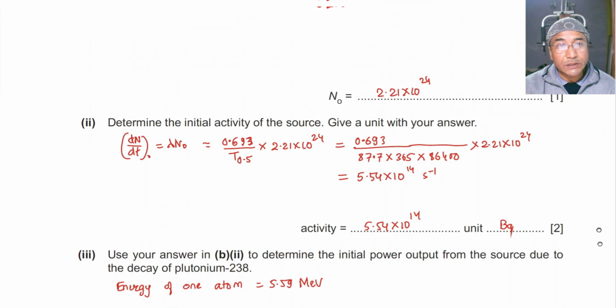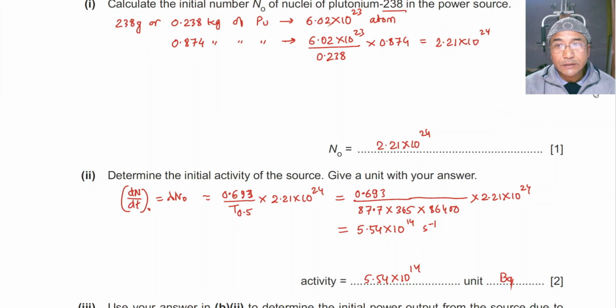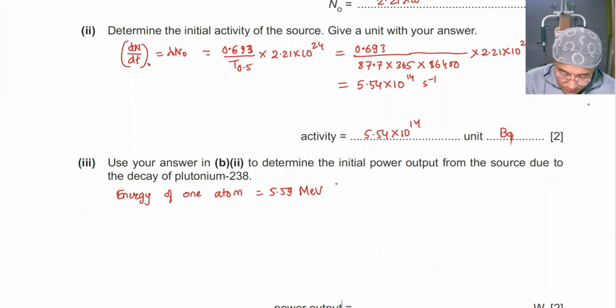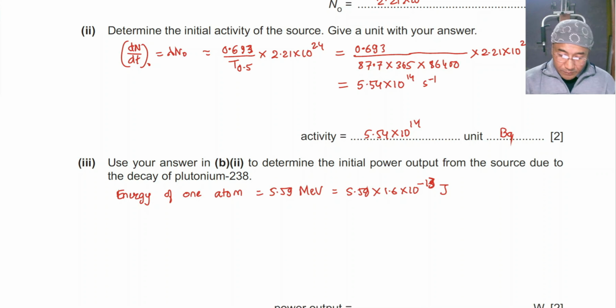Yeah, it is given as 5.59. So this MeV can be changed to joules as equal to 5.59 into 1.6 into 10 to the power minus 13, since it is mega, joules. So energy of one atom is equal to this much.